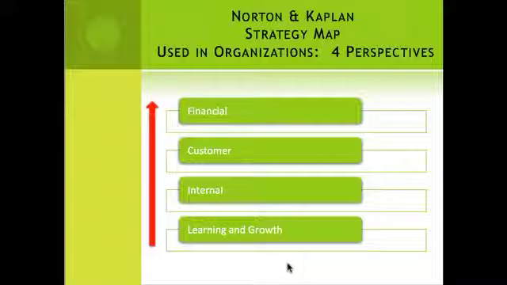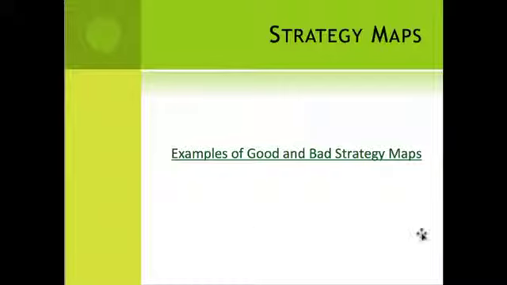Let's compare and contrast that to see what a strategy map might look like in education. Oh, before we go there, here's an example of good and bad strategy maps. These are organization examples of strategy maps. It's a hyperlink that will take you to a video.